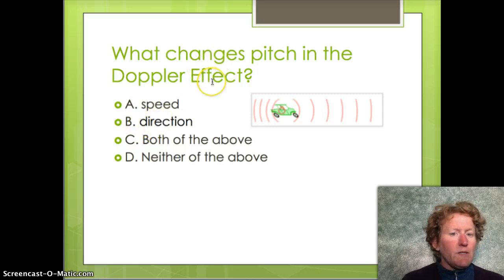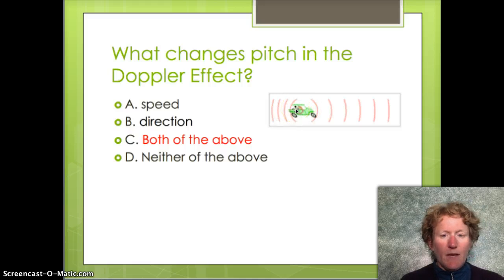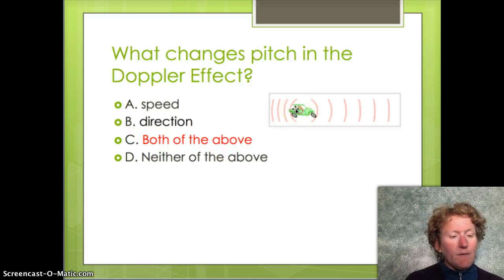What changes pitch in the Doppler effect? Well, we just talked about it. See if you can guess. If you said both speed and direction, you're absolutely correct. A car's got to be moving, so it has to have a speed. And the direction, remember we talked about whether you're throwing the ball up or down, you can tell by how the sound waves are compressed.